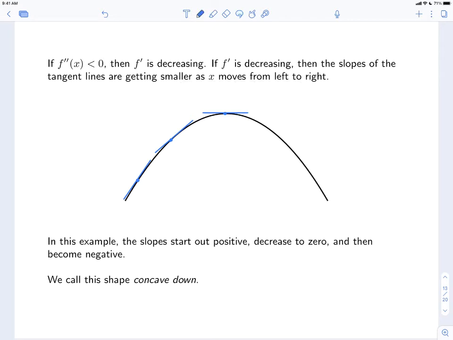After that point, the slopes become negative. And as you move further to the right, the slopes become steeper and steeper, more and more negative. So this shape is what we call concave down.